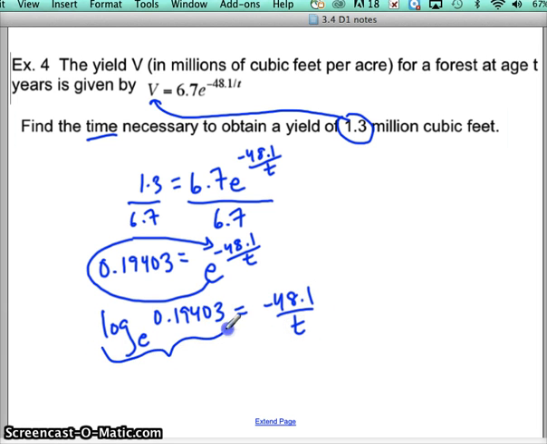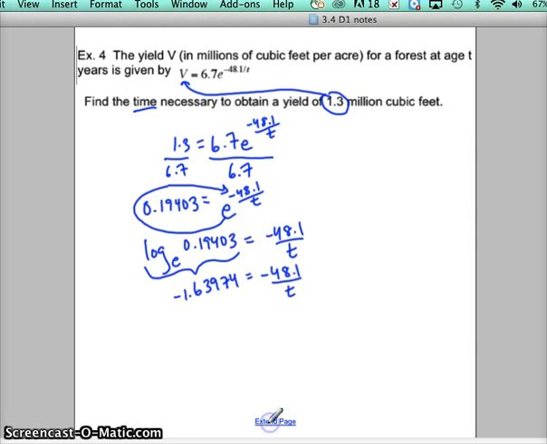When you type this in your calculator, you can type in natural log 0.19403 and you will get negative 1.63974. And we're trying to solve for t. So we could put this over 1 and cross multiply.